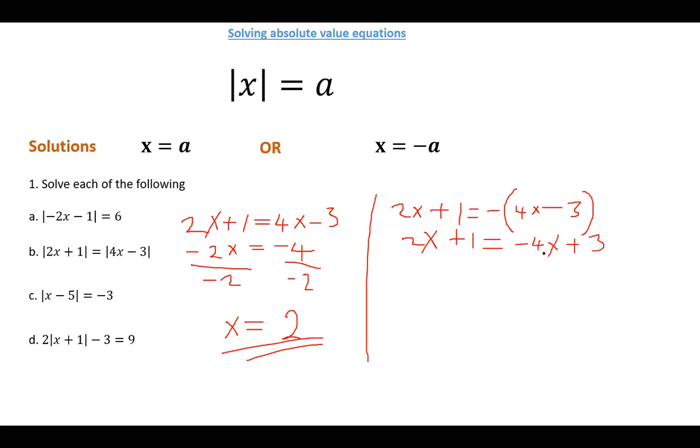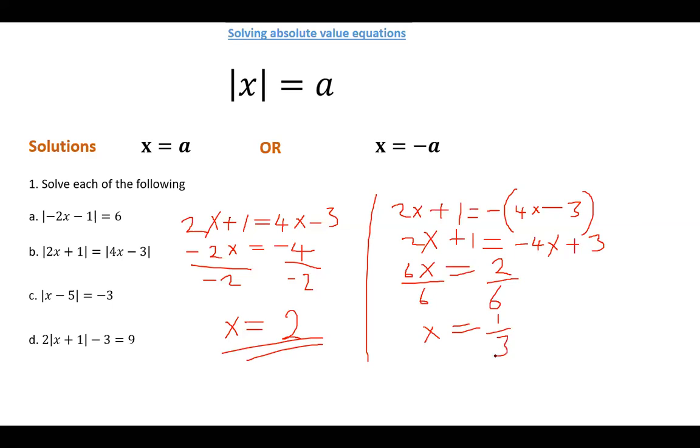Then you take the negative 4x to the other side of the equal sign, you're going to have 2x plus 4x, which gives you 6x, being equal to 3 minus 1, which gives you 2. When you divide both sides by 6, you have x being equal to 1 over 3.